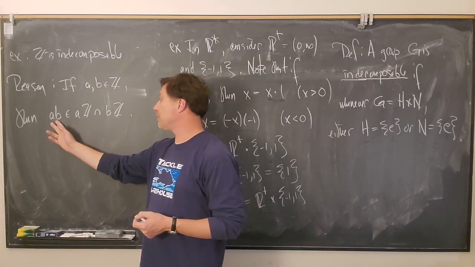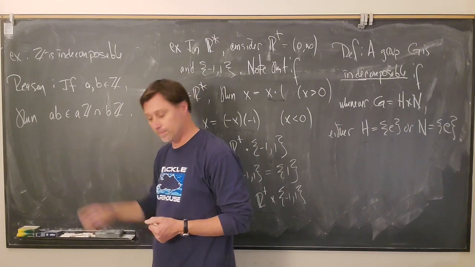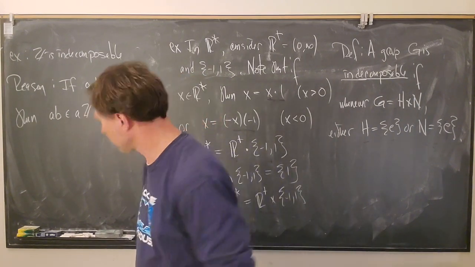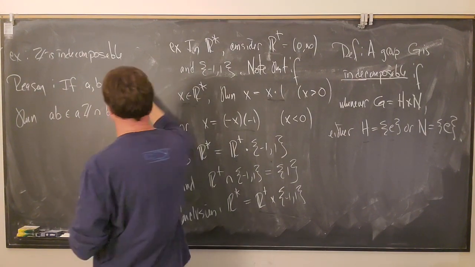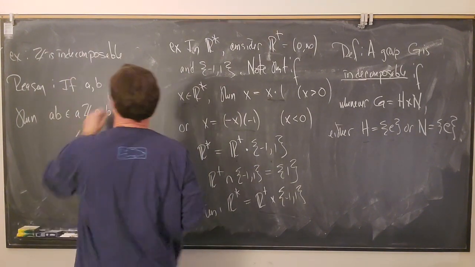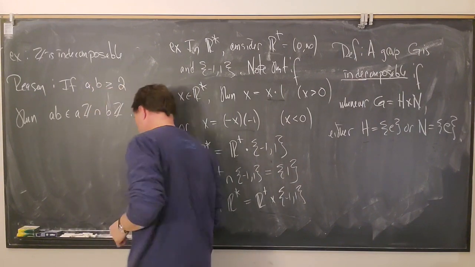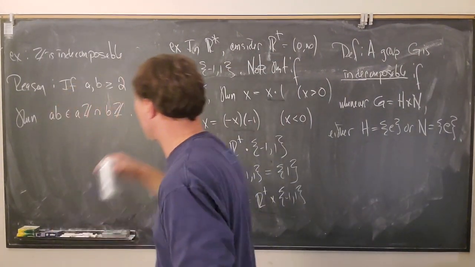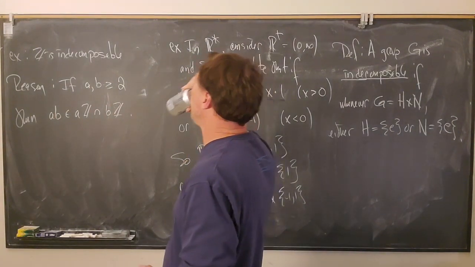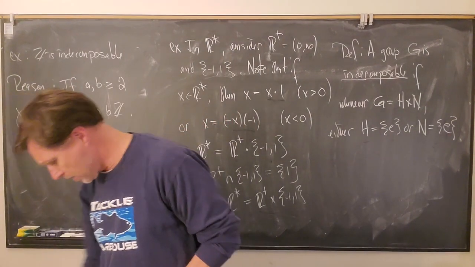The number AB will always be in the intersection. Oh, and I should have said here, to make this useful, that A, B are greater than or equal to 2.